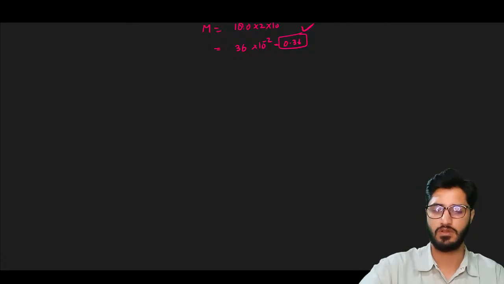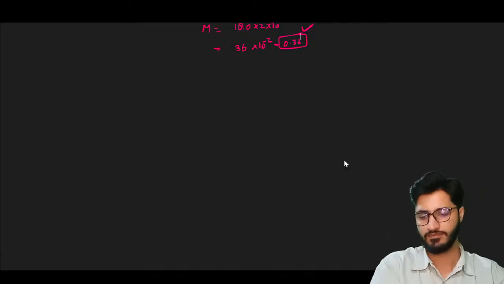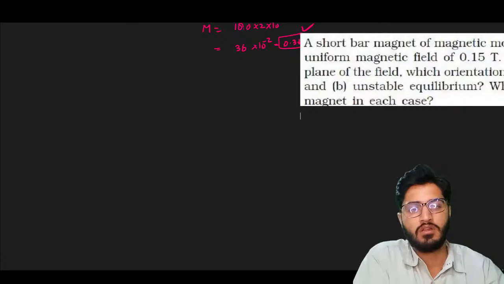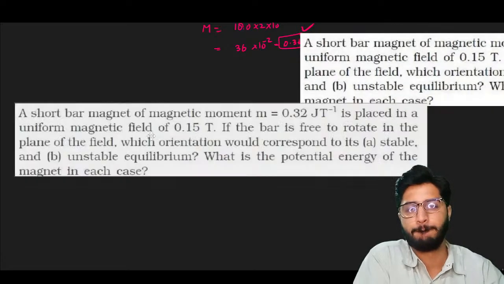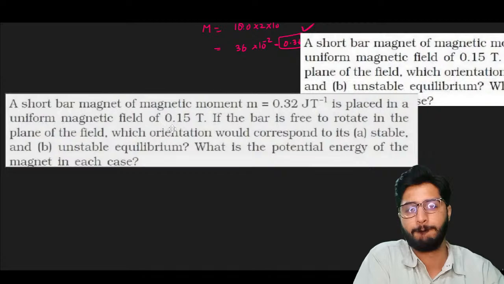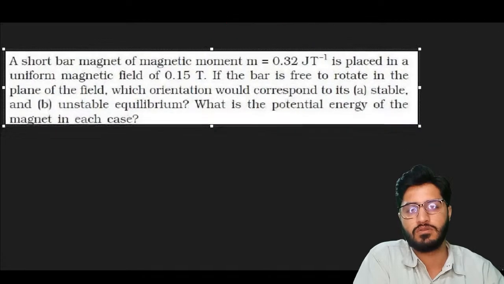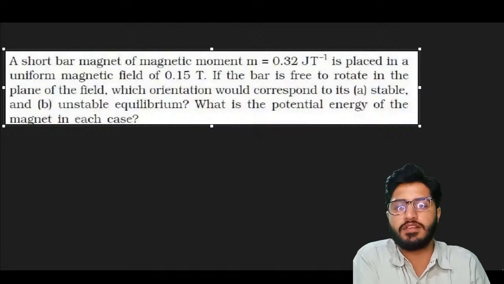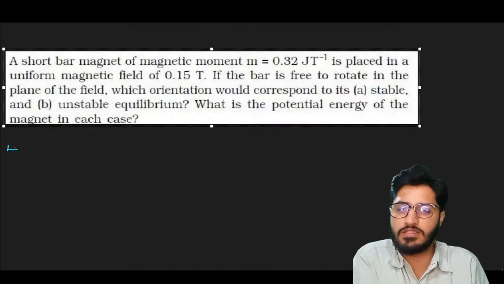Okay, look now, one more numerical. One more numerical from short magnetic things. So look, what are the things given to us?